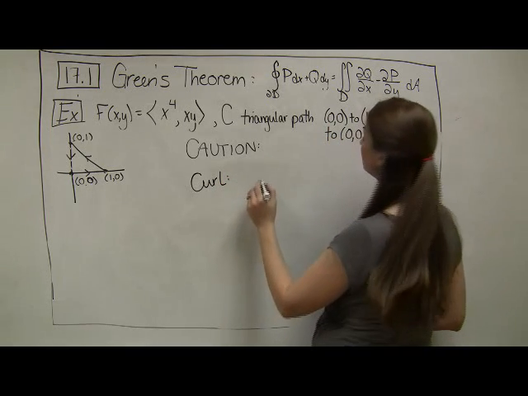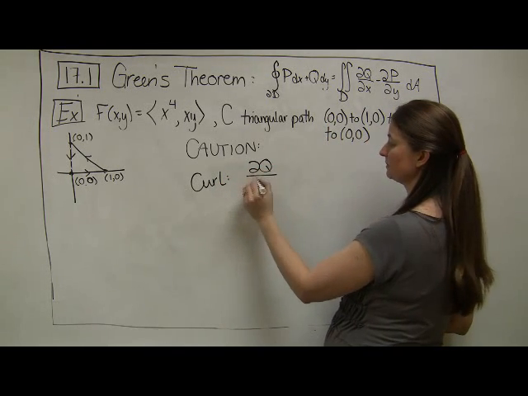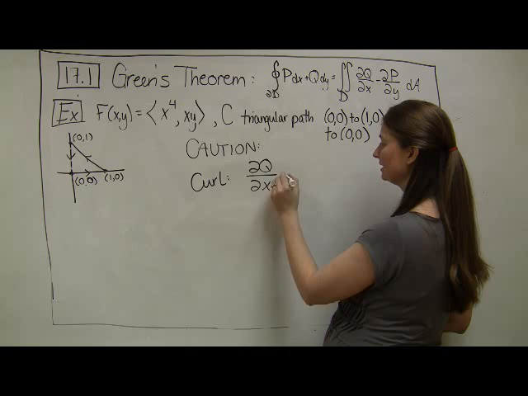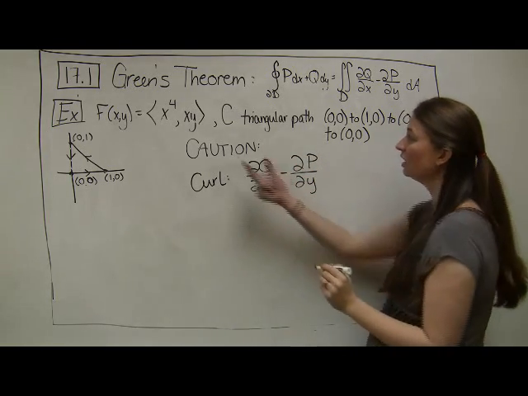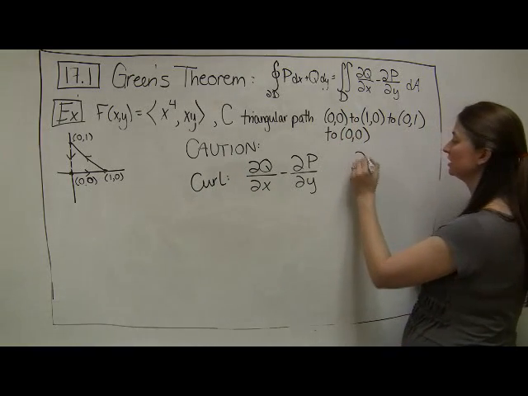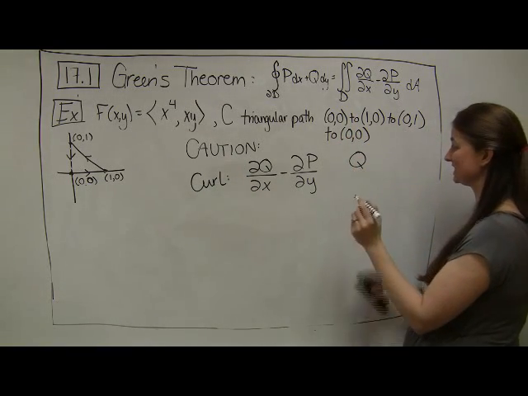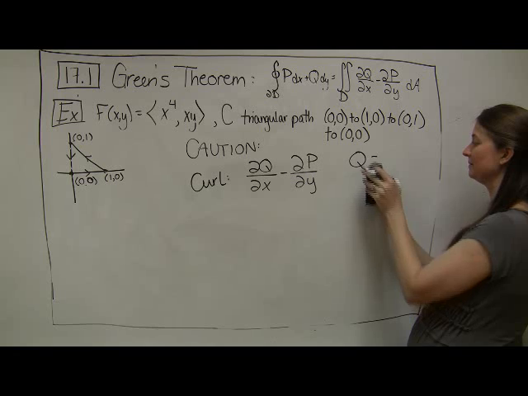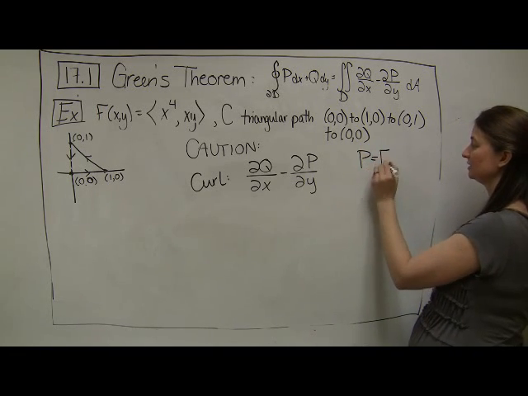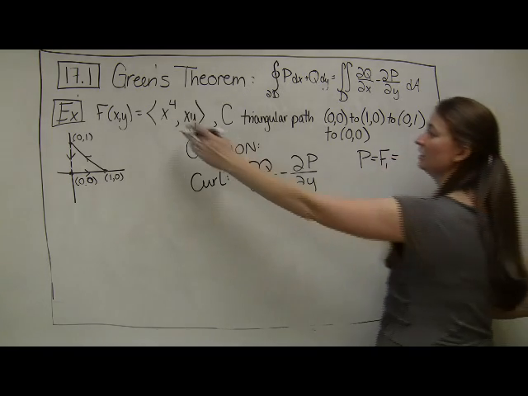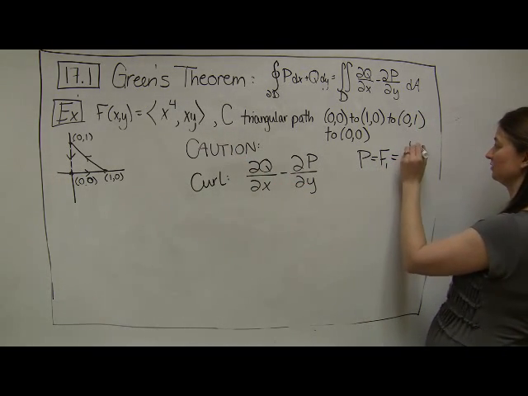So we can compute our curl, which is the partial derivative of q with respect to x minus the partial of p with respect to y. And recall, in this construction, q is always the second term. Maybe I'll write it in the right order so it'll be more helpful. p is always equal to the first component function, which in this case is x to the fourth.